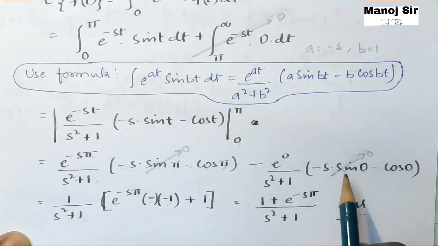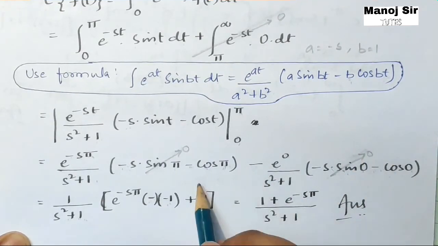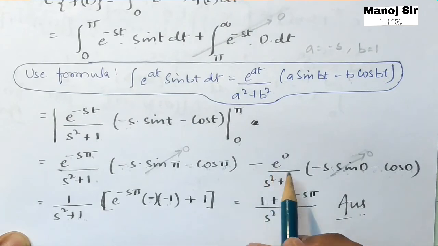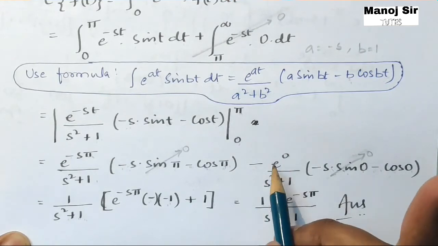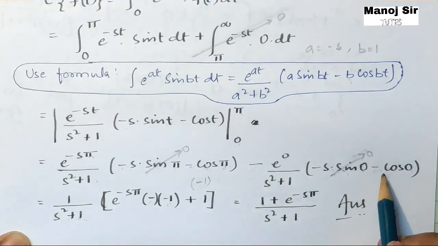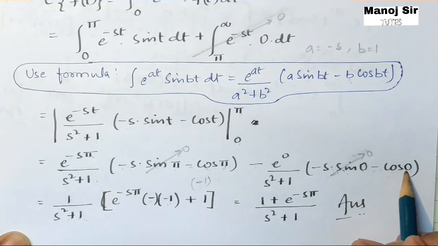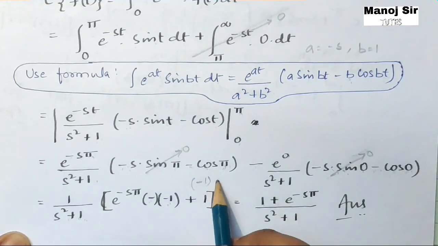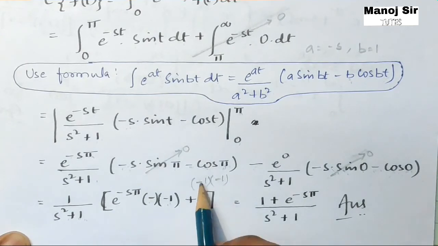Now coming to the lower limit part, this is negative, and we know the value of e to the power 0 is 1, so this is minus 1. Cos 0 is again 1, and because of this negative sign we are writing here again minus 1. So minus 1 will become plus 1.